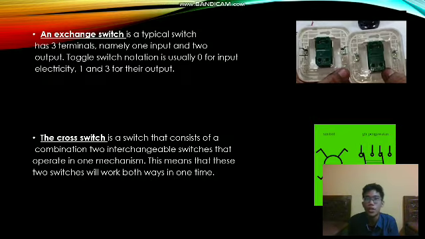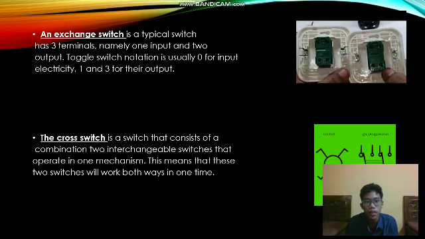The function of this type of switch is to turn on the lights in turns. Suppose we want to control two lamps. When lamp A is on, then lamp B automatically turns off, and vice versa. This switch cannot turn on two lights at the same time.